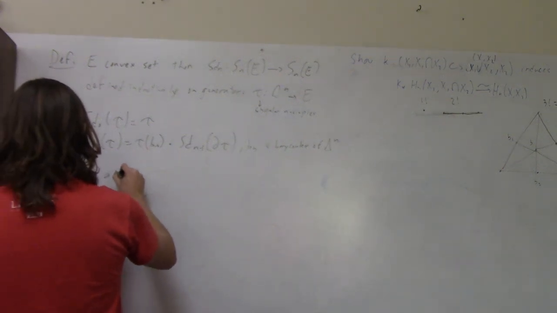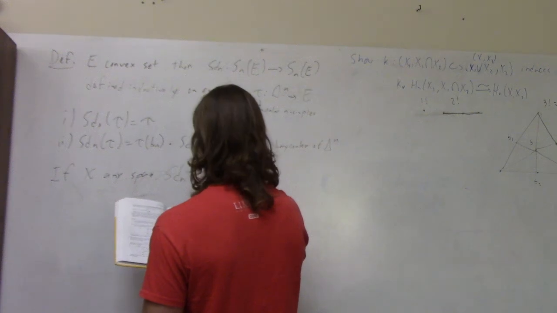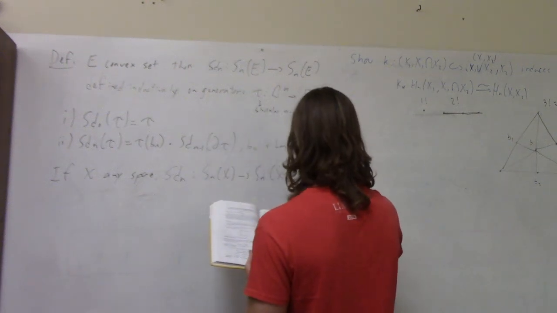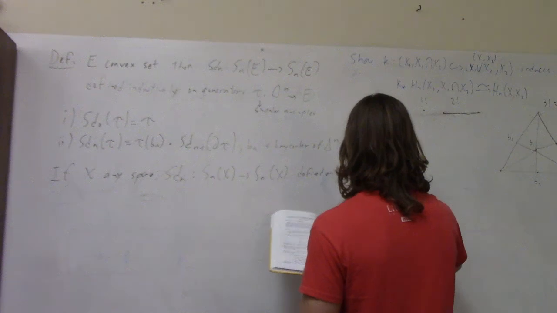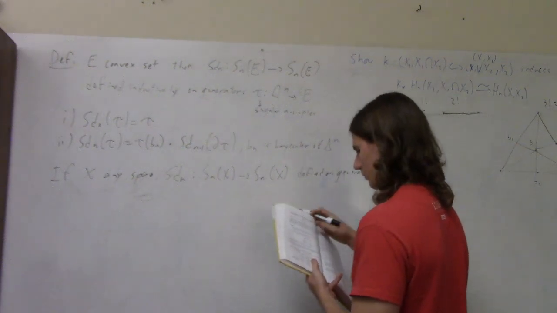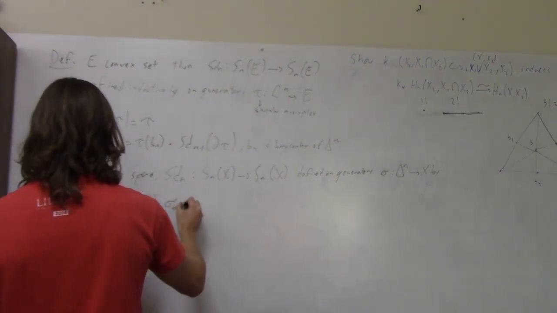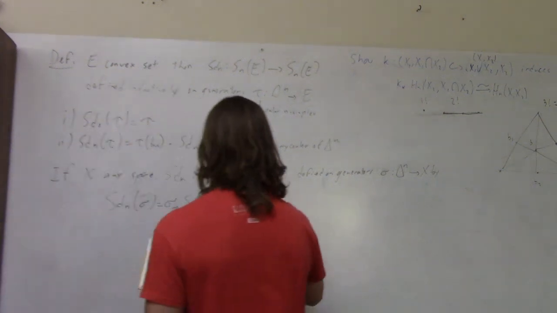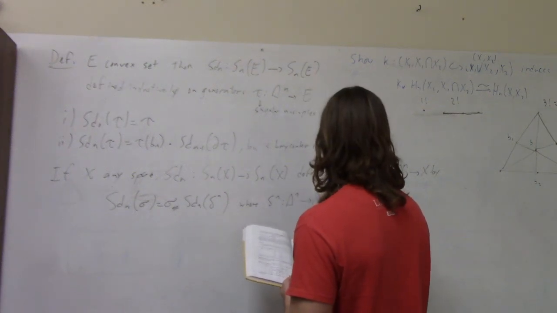If X is any space, then same thing. SDn maps from Sn of X to Sn of X, defined on generators, sigma in this case, by SDn of sigma is equal to the induced map of sigma of SDn of the identity map on the simplex, where delta n, the standard simplex onto itself, is the identity.